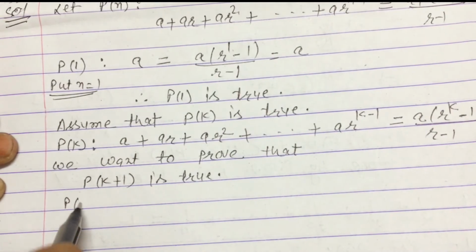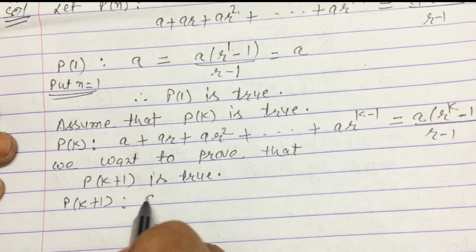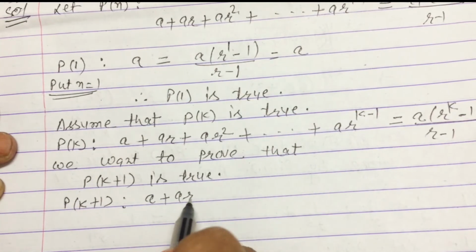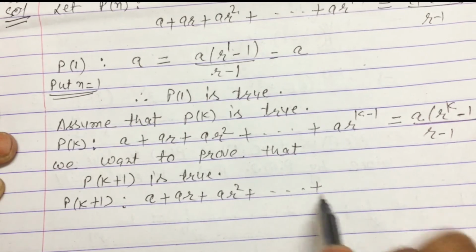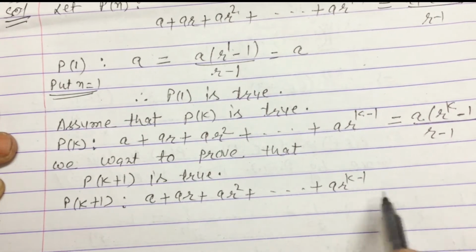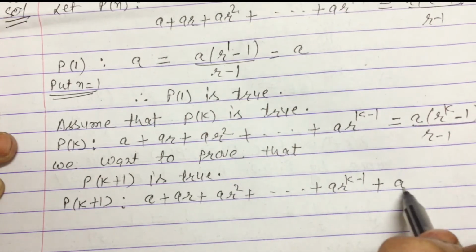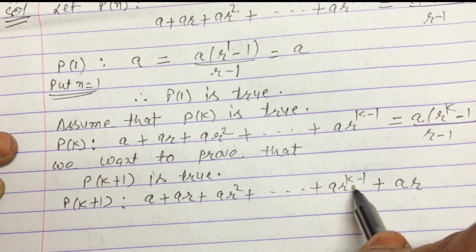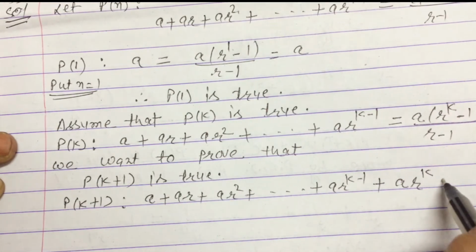So first of all, students, write Pk plus 1: it is A plus AR, here AR square, and here it is AR raised k minus 1, and now write the next term, A and R. Here you have to write k plus 1, it is minus 1 also, so we will get AR raised k only.